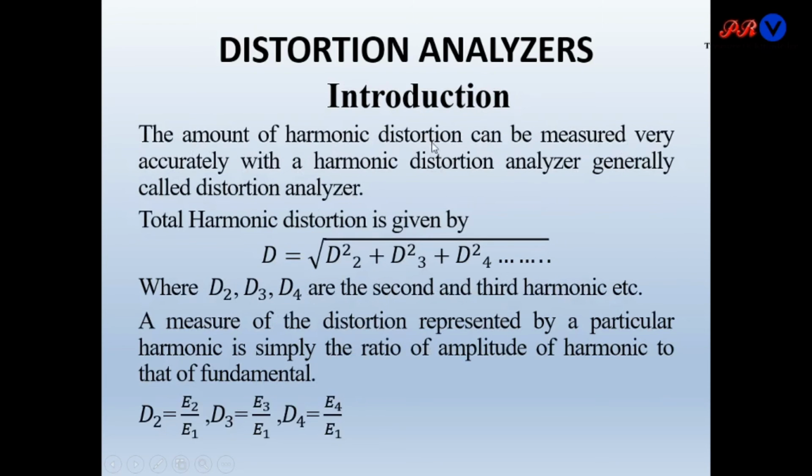The amount of harmonic distortion can be measured very accurately with a harmonic distortion analyzer, generally called a distortion analyzer. The total harmonic distortion is given by the formula D equals the square root of D2 square plus D3 square plus D4 square, where D2, D3, D4 are the second, third, fourth harmonics, etc. A measure of the distortion represented by a particular harmonic is simply the ratio of the amplitude of the harmonic to that of the fundamental.